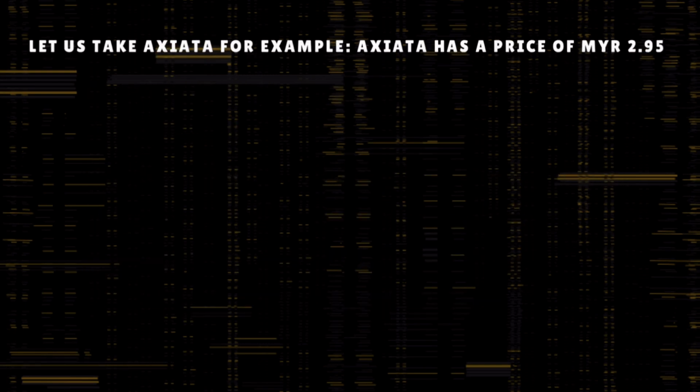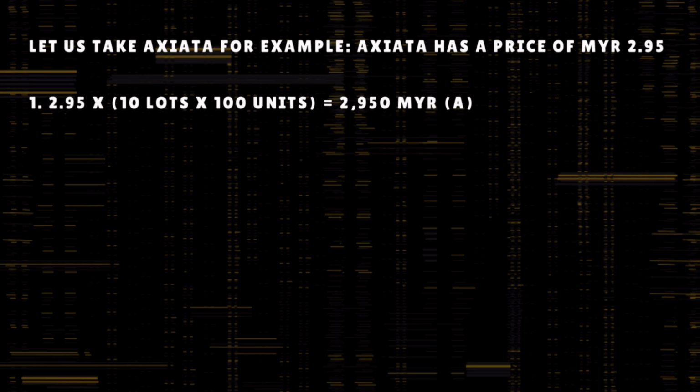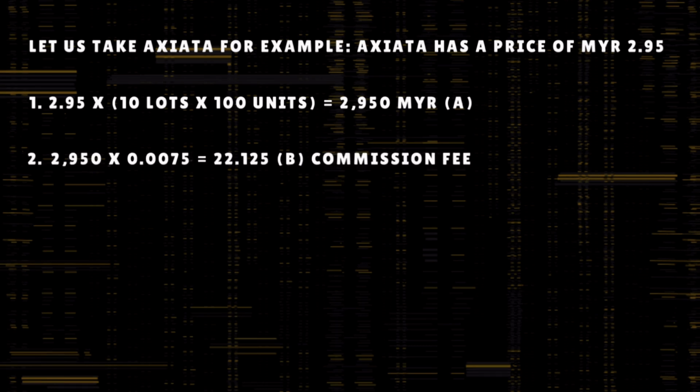Let us take Axiata for example. Axiata has a price of 2.95 Malaysian ringgit. Number 1, 2.95 times 10 lots times 100 units equals 2,950 Malaysian ringgit. Number 2, 2,950 times 0.0075 equals 22.125, B, commission fee.